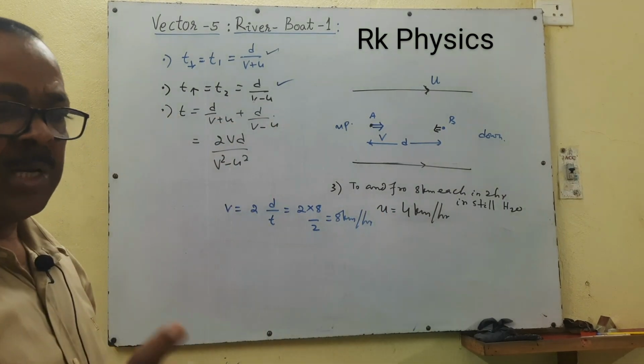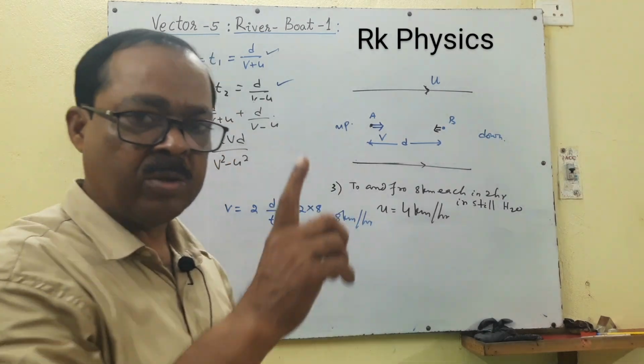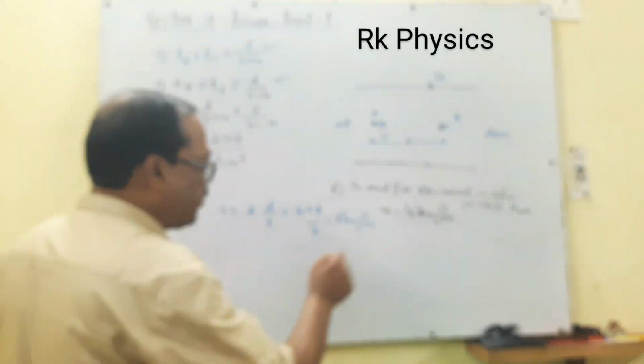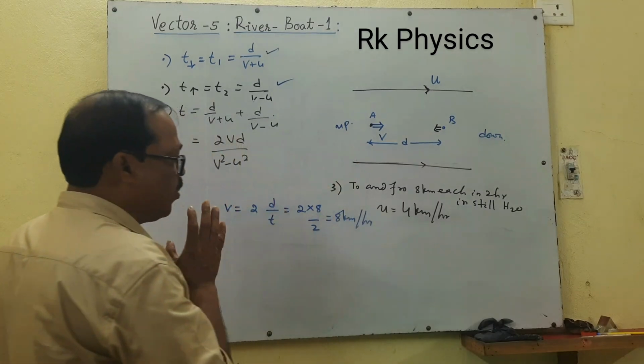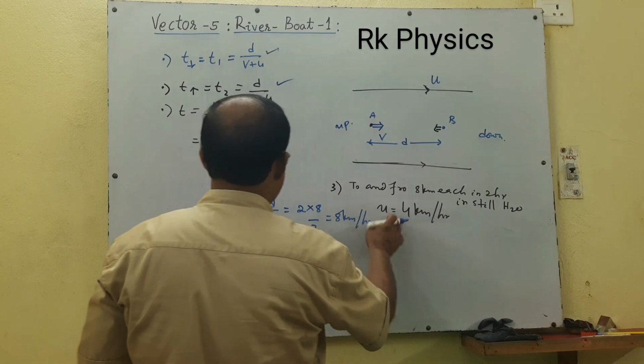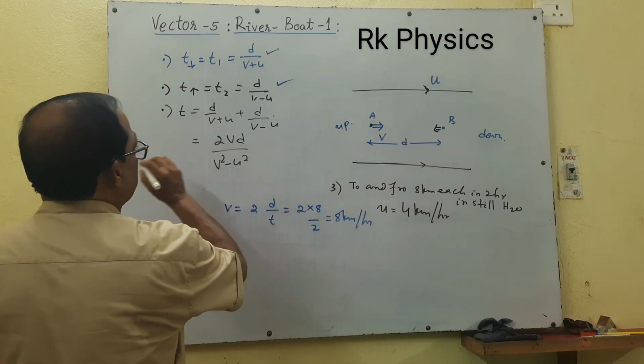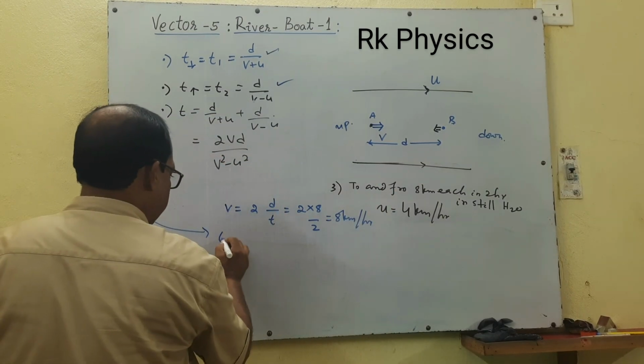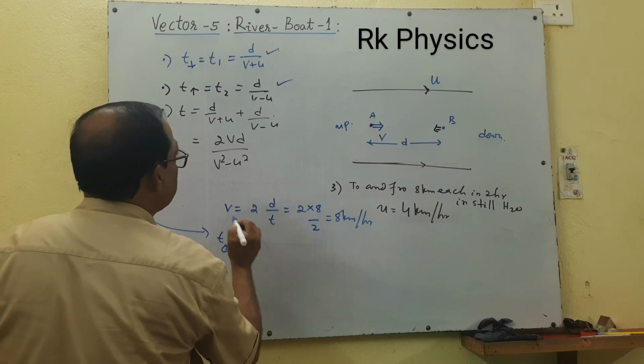Indirectly, the speed of the boat or swimmer is given. Then if you take U equal to 4 kilometer per hour, find out the total time in the round trip.